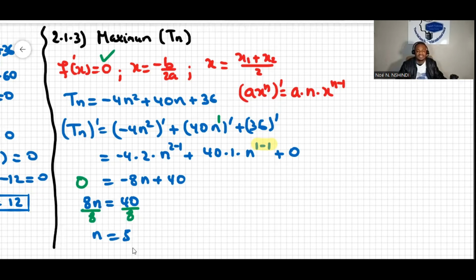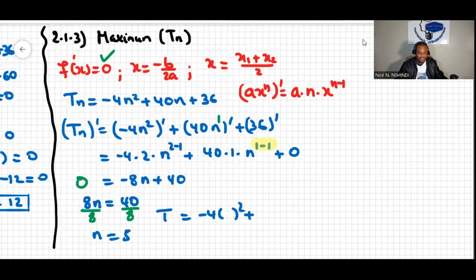So this tells us that the fifth term generates the maximum value. If you need to find the maximum value, then we will work out T5.